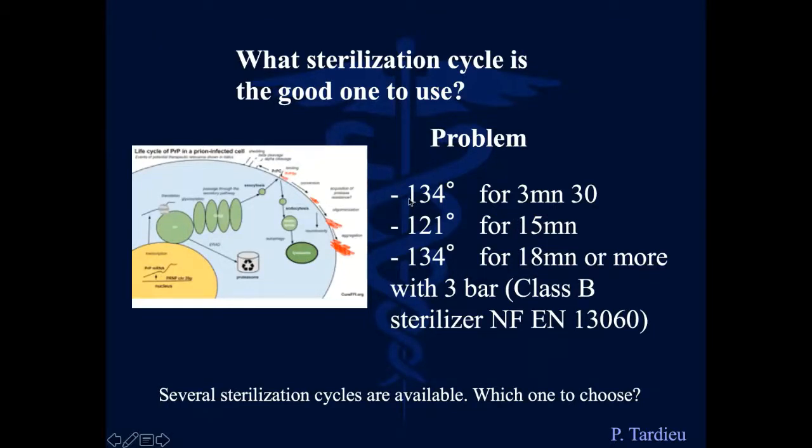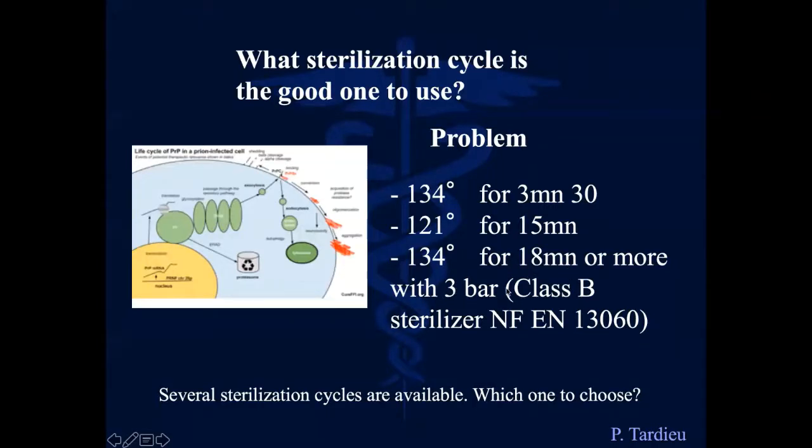You can sterilize at 134 degrees for 3 minutes 30, or you can make a short one at 121 for 15 minutes. We try to avoid doing that. But what we like to do is to work using a prion cycle. This is the prion cycle. The prion cycle is at 134 degrees for 18 minutes or more at 3 bar.